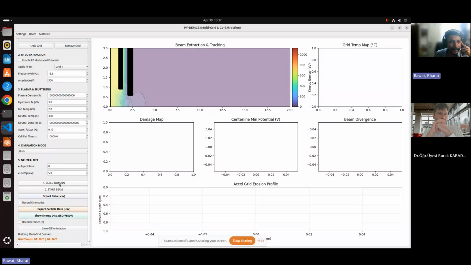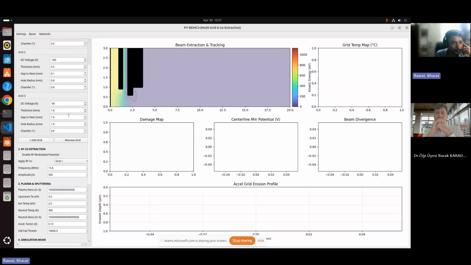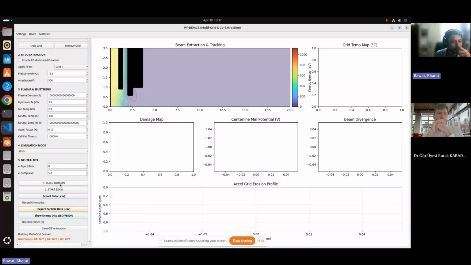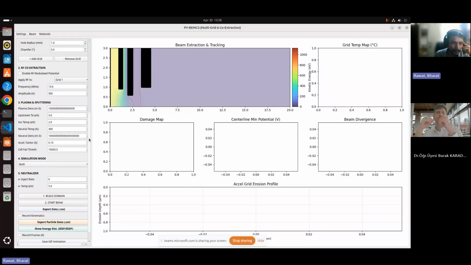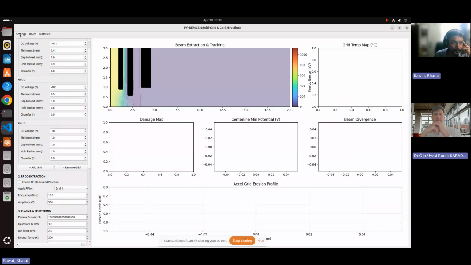If I do build domain again, it would take a while, but, oh, there is an issue because I did not specify a gap. Maybe I need to do it. And if I do it, it would build the domain, and then you would have three grids separated by 1 mm each. So this is how you define the grids.